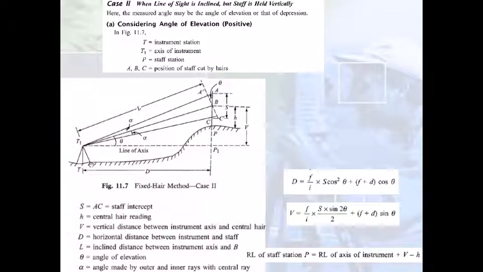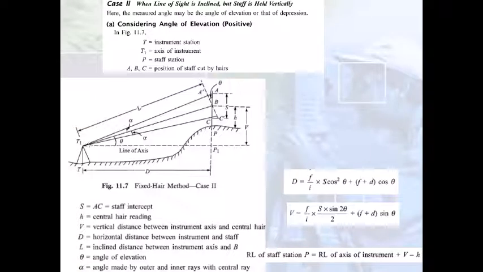So this at the point T is where the instrument is held. So we have the tripod and the theodolite, and this is your line of sight when the telescope is completely horizontal. But since with the horizontal telescope you cannot read the leveling staff which is above, so we tilt it upwards to an angle theta so that you can view this leveling staff.